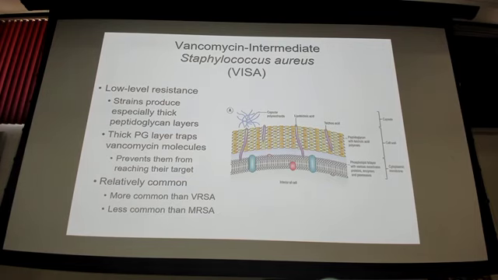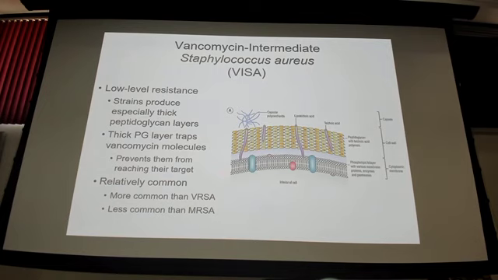Vancomycin, by the way, is a very large antibiotic. So the thicker this layer is, it slows down the progress of vancomycin moving through, and it traps it in those peptidoglycan layers. But that doesn't stop it, and you can compensate by administering heavier doses of vancomycin. But as you know, that's a bad thing, right? You don't want to keep administering heavier and heavier doses.